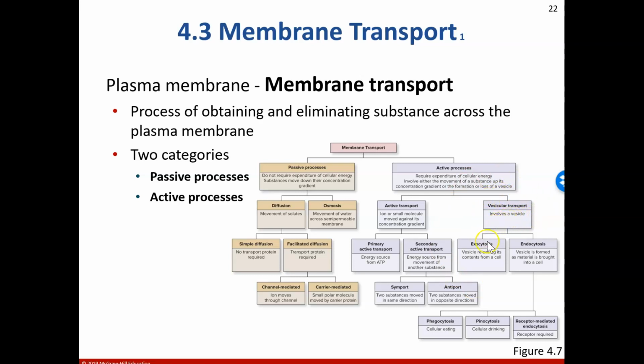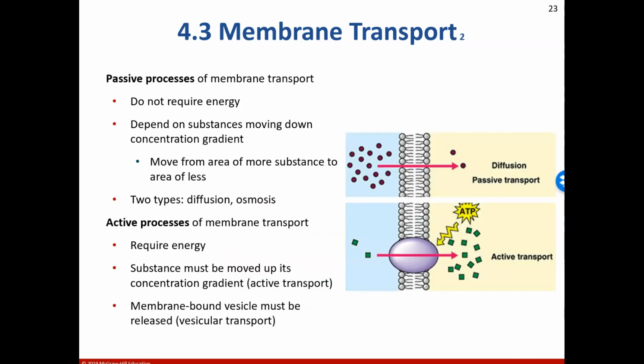Is that through exocytosis, where we're releasing contents from the cell out to the external environment? Or is it endocytosis, in which we're bringing material into the cell in the form of a vesicle? And that has three different formats. We have receptor mediated, pinocytosis, or phagocytosis. So we're going to talk about each of these processes coming up.